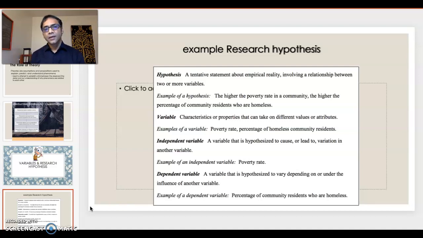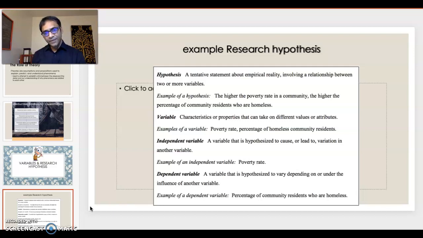A hypothesis is a tentative statement about empirical reality involving a relationship between two or more variables. Example of a hypothesis: the higher the poverty rate in the community, the higher the percent of community residents who are homeless. So there is homelessness as an outcome because of poverty. Here the variables are characteristics or properties that can take different values or attributes. Example variables here are poverty rate and percent of homeless community residents.